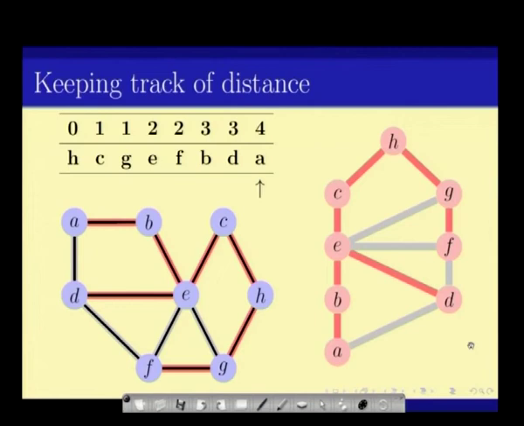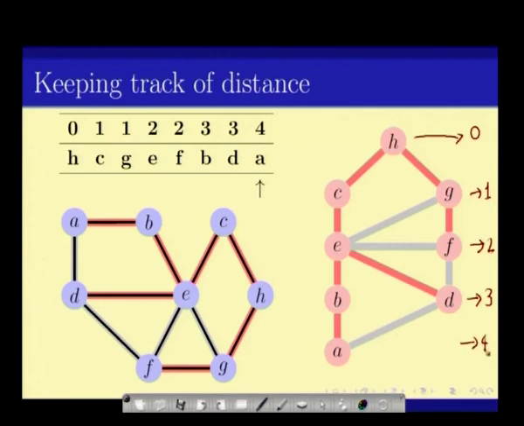Now, one point to note is to look at the graph on the right hand side. There, the red edges are the edges that have been selected. Now, what are the edges that are not selected? So, I can represent this one as distance 0, this whole layer as distance 1, this whole layer as distance 2, this whole layer as distance 3, and this layer as distance 4.